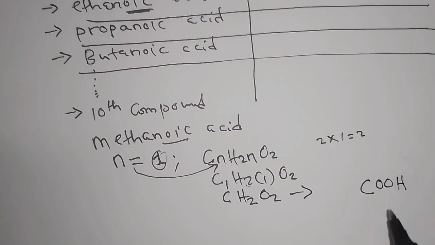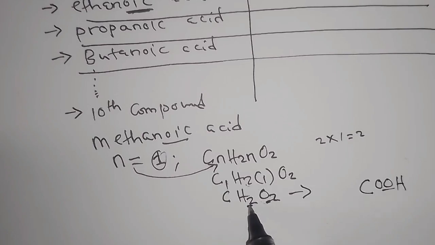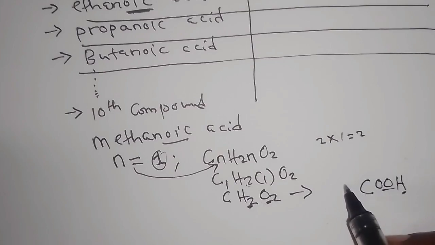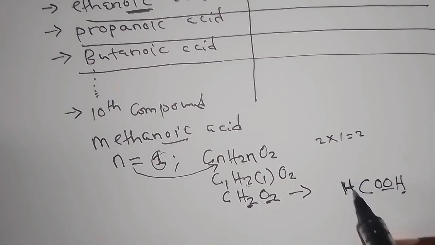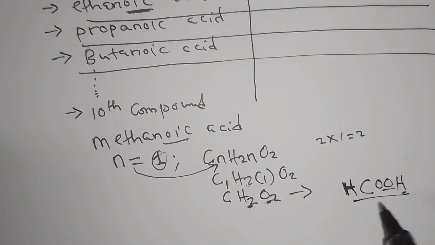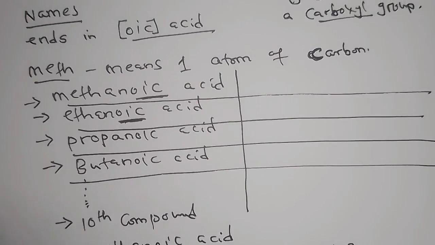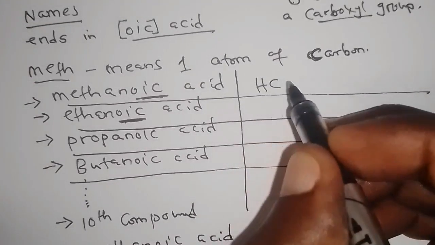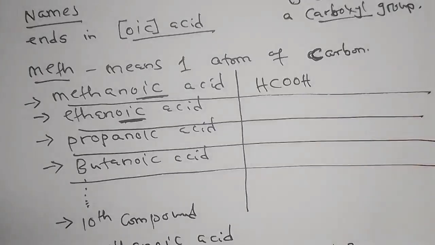The carbon is part of this, so the one carbon that we have is this one, and the two oxygens that we have are these. The hydrogen is also part of this, so the only thing I'm going to add is one more H. So the molecular formula for methanoic acid is HCOOH.